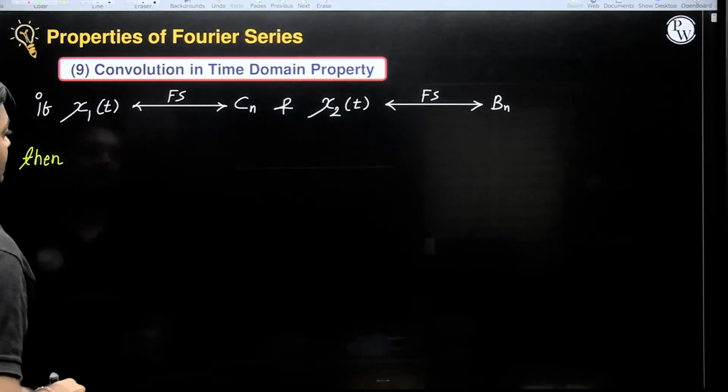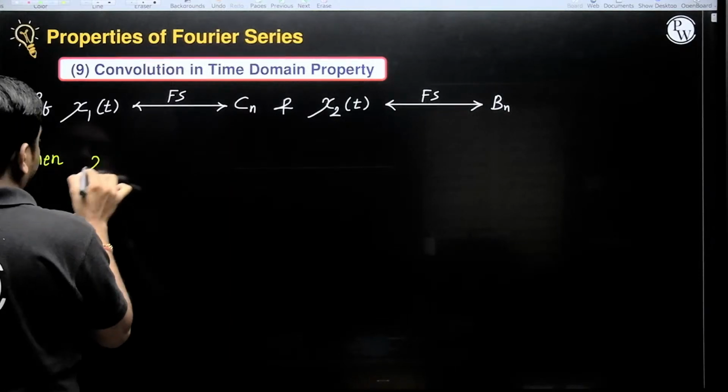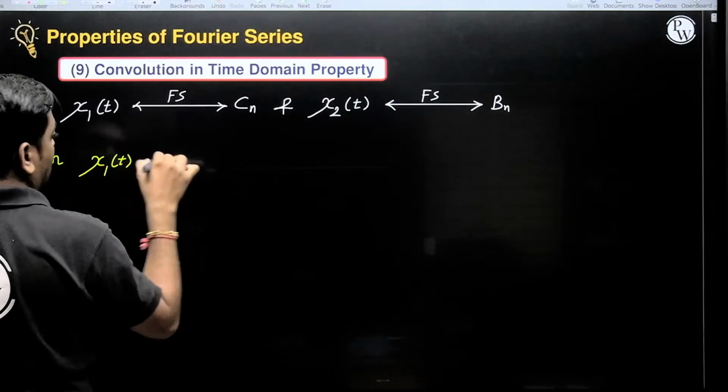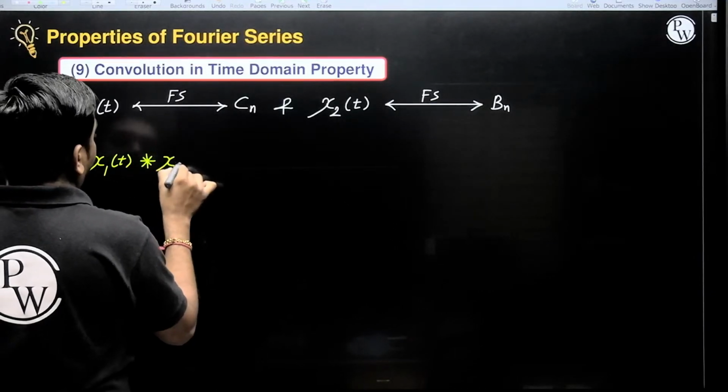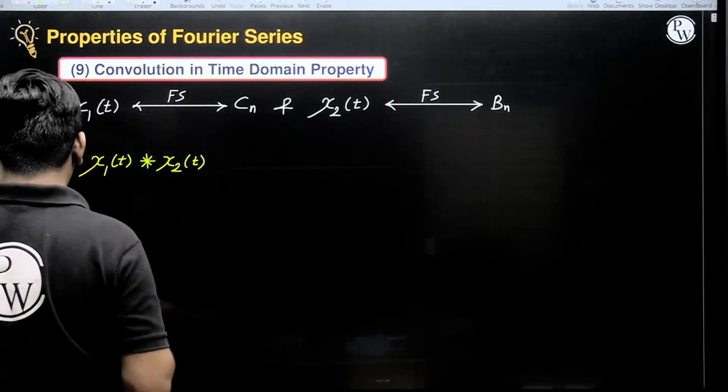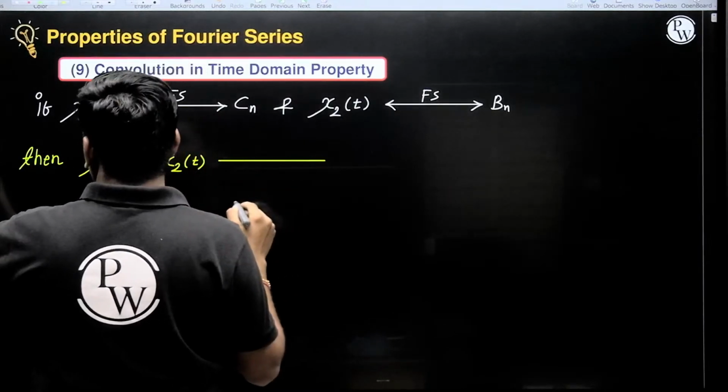Then here, perform the convolution between these two. What will be the effect? x1 of t convolution x2 of t, and convolution in the time domain corresponds to multiplication.